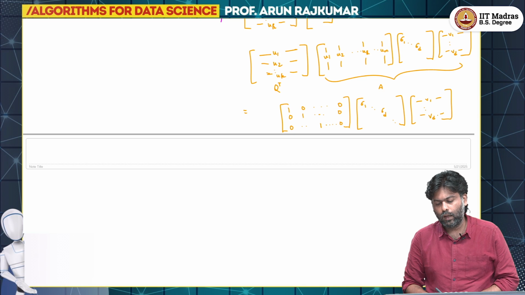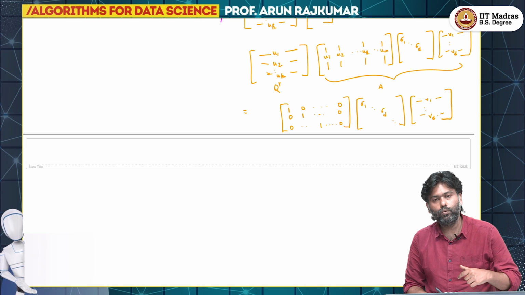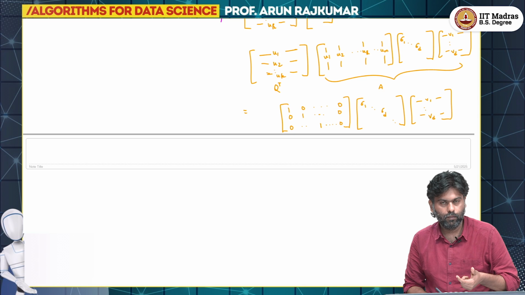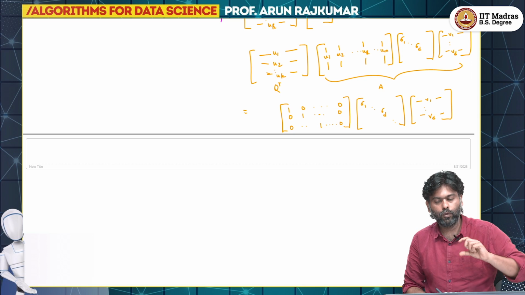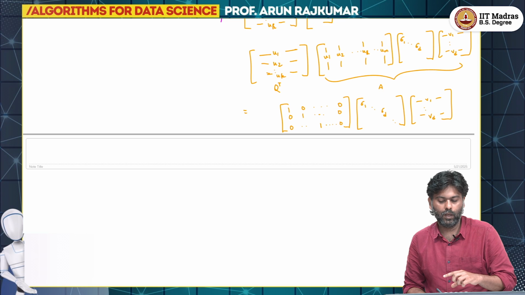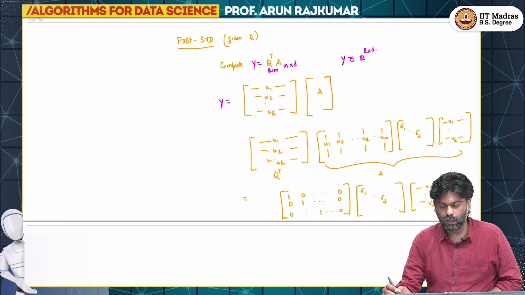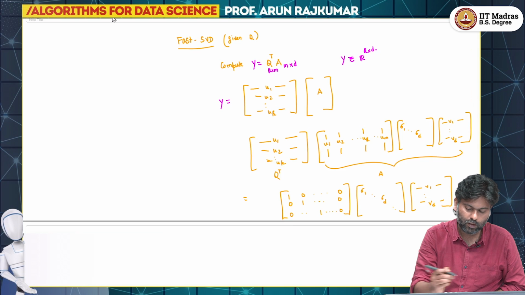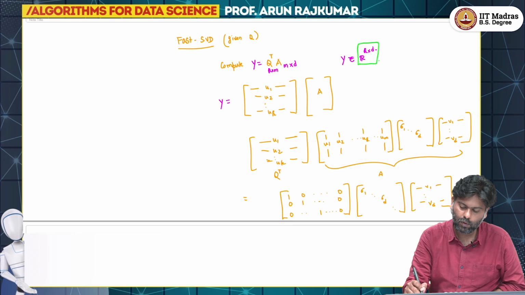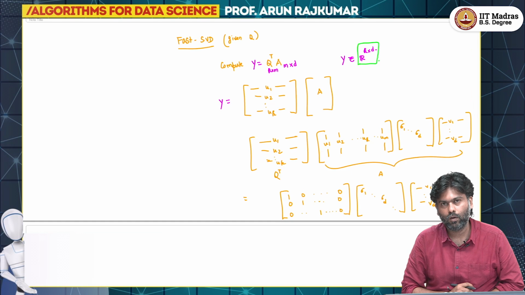Now, if I do the SVD of Q transpose A, what will I get? Remember, Q transpose A is a k cross d matrix. Y is k cross d.